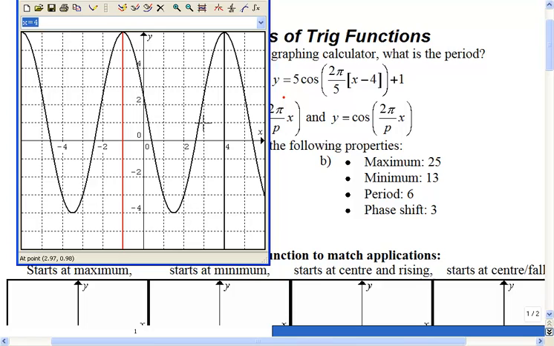The two vertical lines box in one cycle of this cosine graph. So what does the period of this cosine graph become? 5, yeah. So there are 5 units now in the period of that graph.